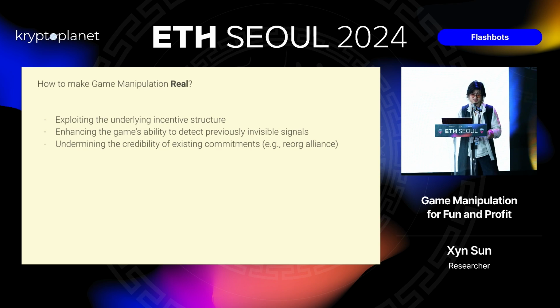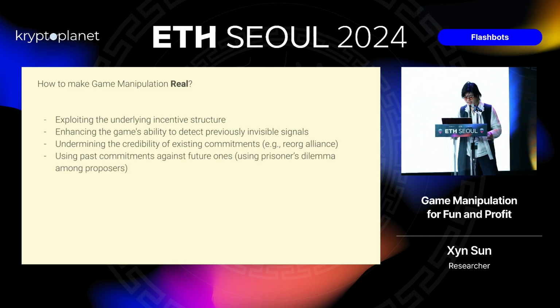This is commonly seen in MEV in the form of uncle bandit attacks. So one way for you to manipulate a game is essentially to devise an incentive scheme that helps you to reorg previously existing commitments.